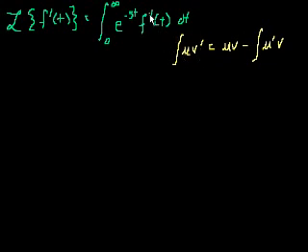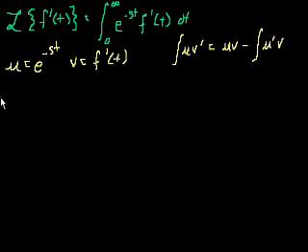So let's make v prime be f prime, and let's make u be e to the minus st. So u is going to be e to the minus st, and then u prime would be minus s e to the minus st. And v prime is f prime of t.